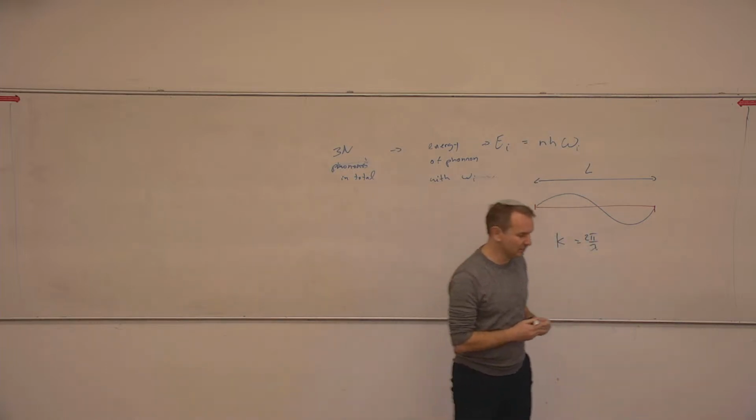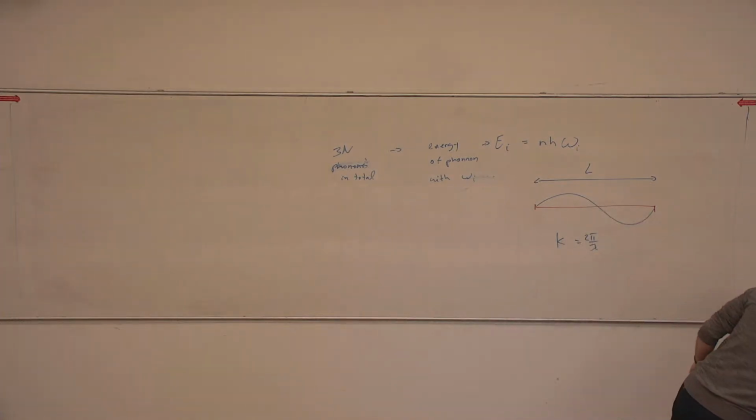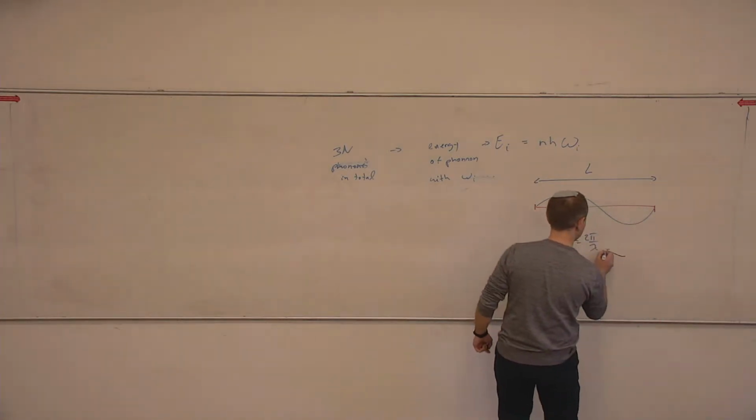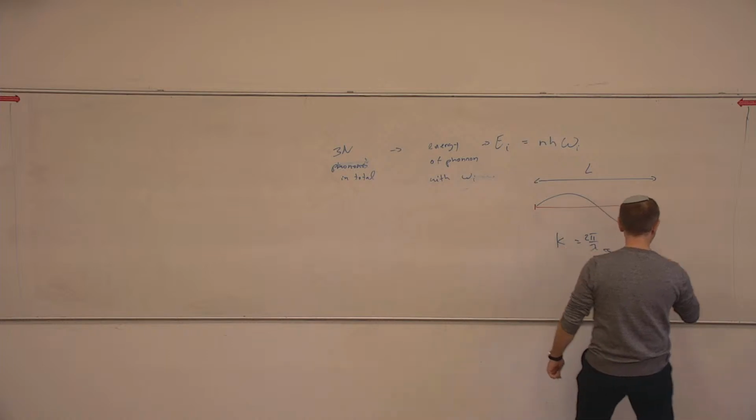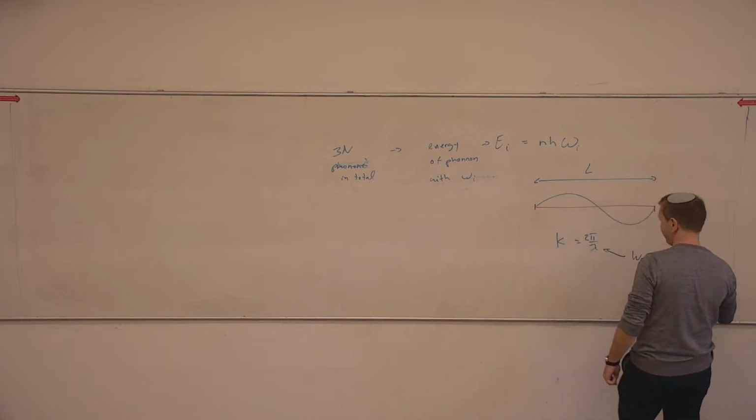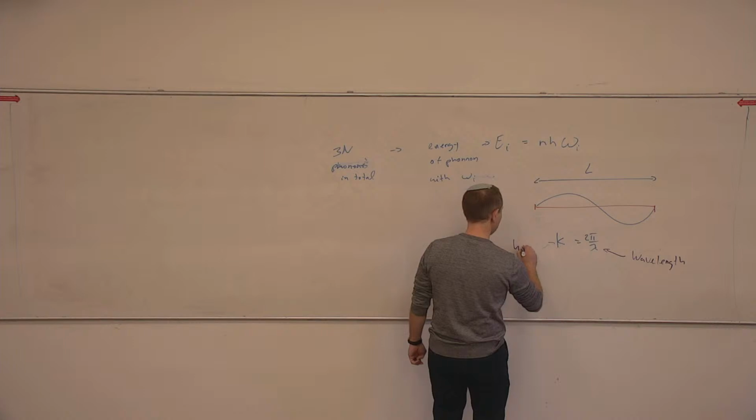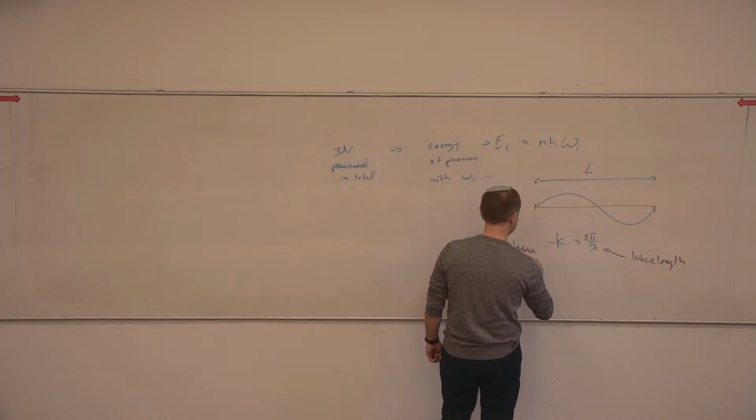What is lambda? It is the wavelength. And k is the wave vector.